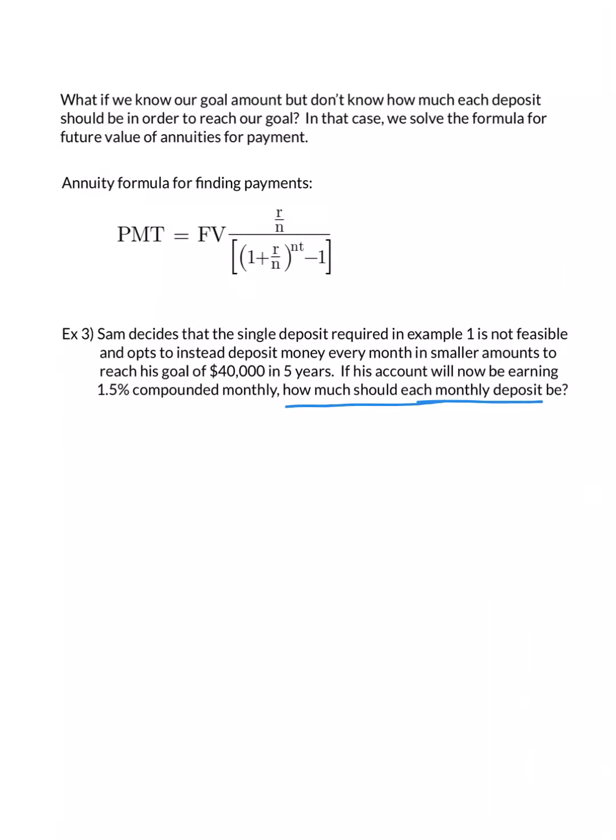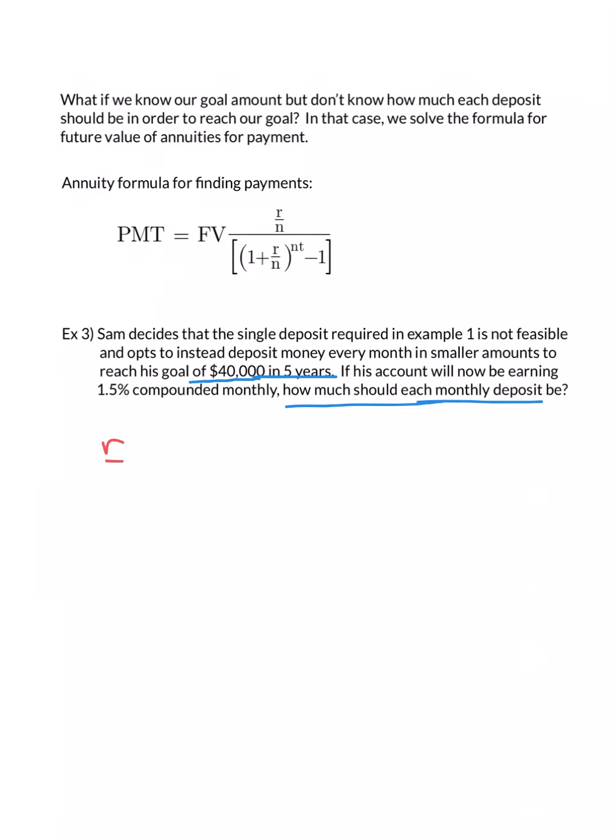Another thing to take note of is that this goal amount of $40,000, we don't have it now. We will have it in 5 years. So that's what tells me that it's a future value problem. Just like on the last problem, because we now have this fraction and all this fun stuff with parentheses and everything else, we need to find r over n and nt first.